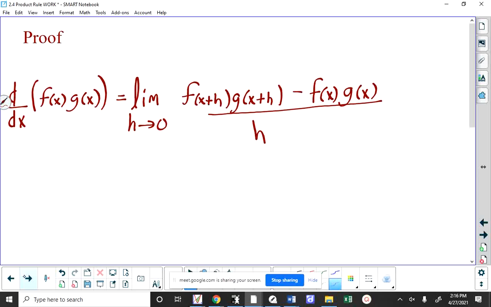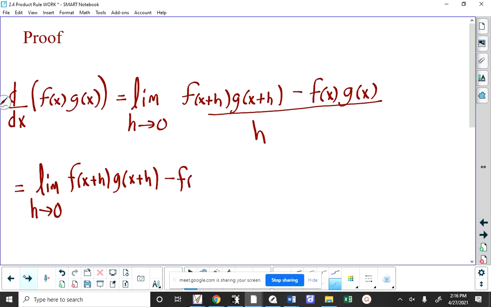So what I am going to do, I'm going to need a little more room here. I've got f of x plus h g of x plus h, and then I have this minus f of x g of x. I'm going to choose to take away f of x plus h g of x and add f of x plus h g of x.